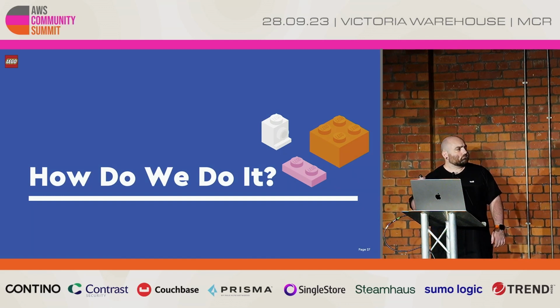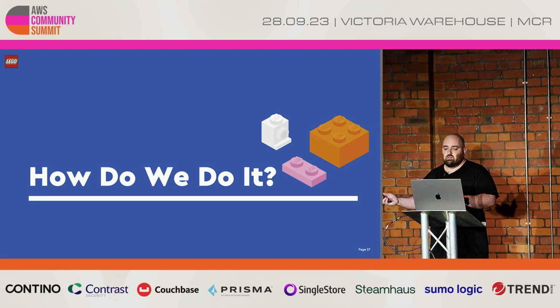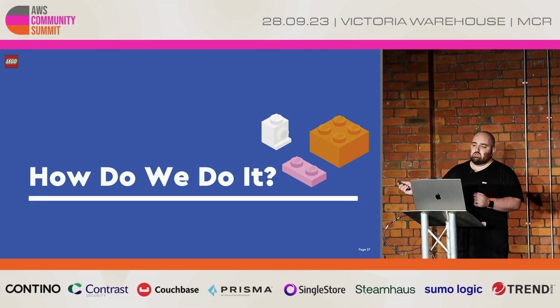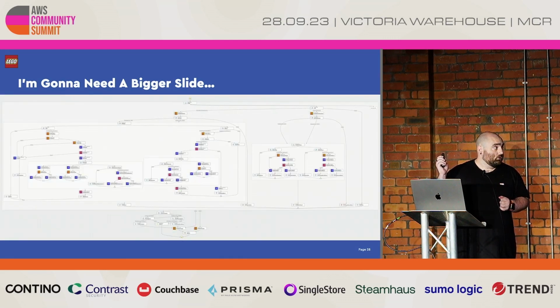So I've waffled on now about my favorite subject being step functions. So how do we do it within the loyalty squad? I'm going to ask you to brace yourselves for this next image that's going to appear. This beast that you see before you is the actual order processing step function that we currently have within the loyalty squad.